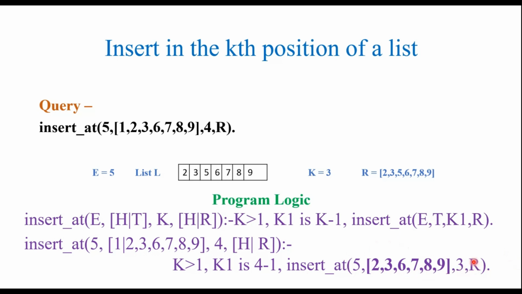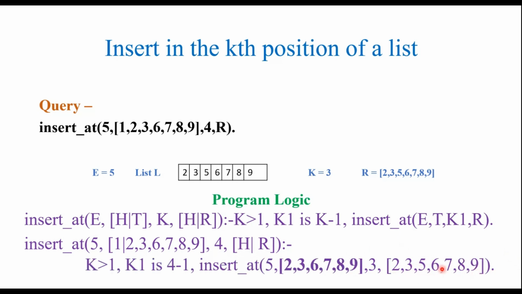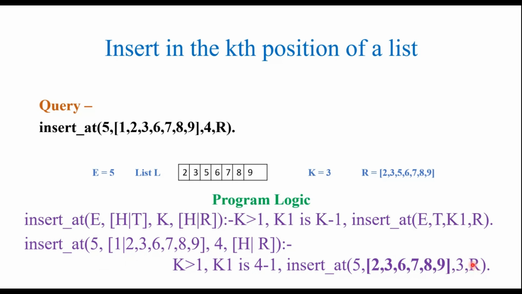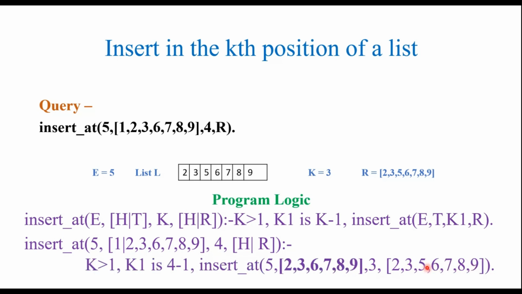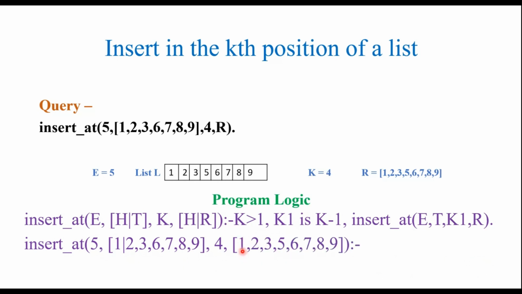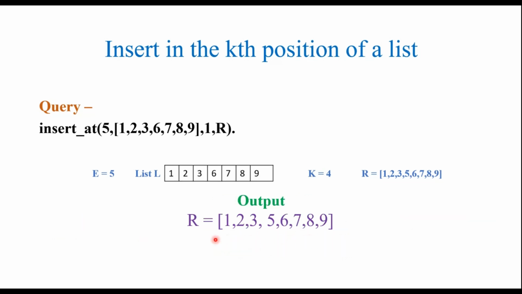Now again, here the value is 2, 3, 5, 6, 7, 8, 9 that we have just calculated. Now this becomes R, as we have just replaced this value. Now this R will again go over here. H will come and becomes the final result list. This is our resultant list where 5 has been successfully inserted at position equals to 4.